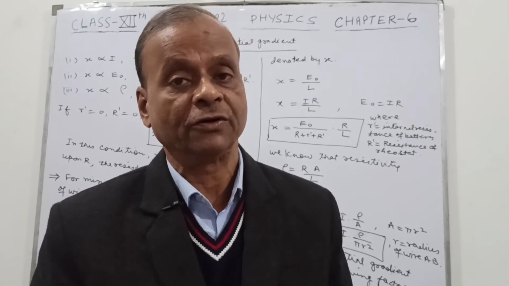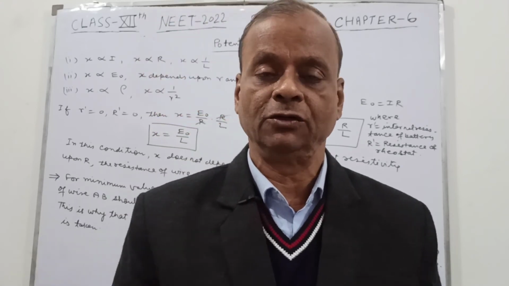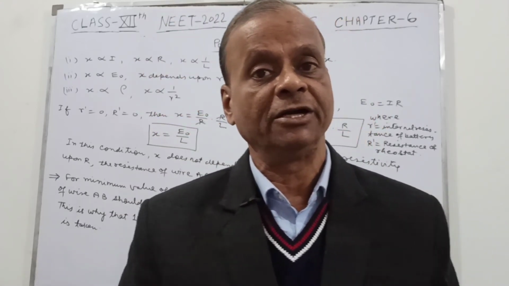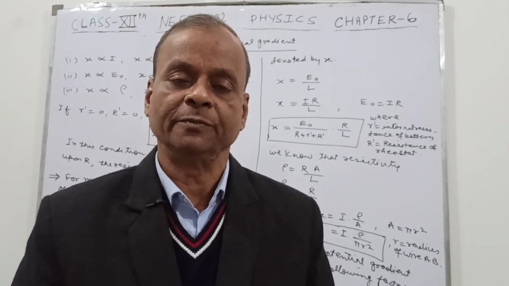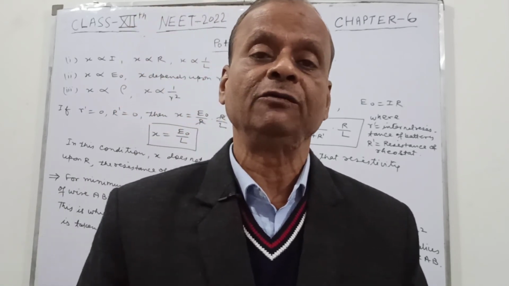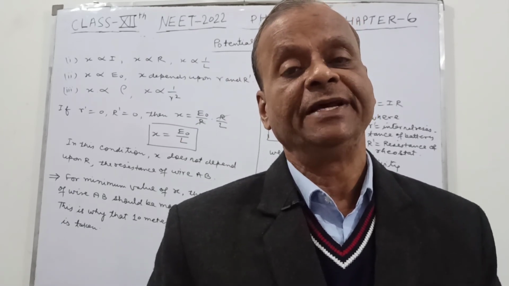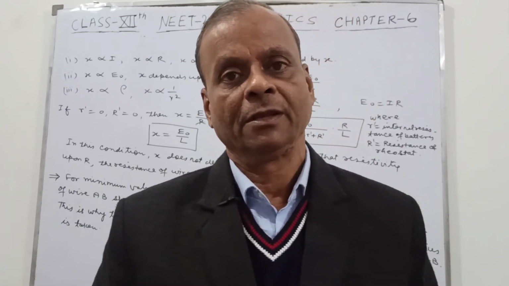So this is for the benefit of the instrument, and also you will measure more and more accurate values if the potential gradient is minimum. So to have the minimum value of potential gradient, we take the maximum length of the wire.